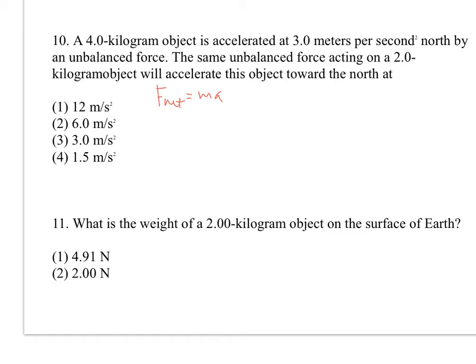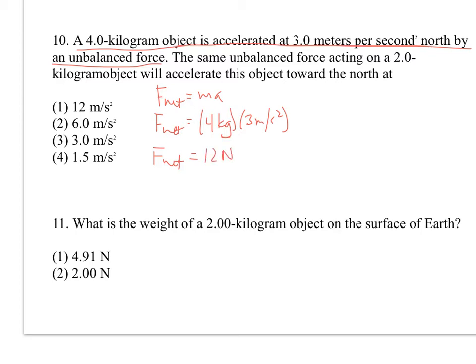We've got to figure out the net force in the first scenario. That's what we're going to do in red. So F net is equal to 4 kilograms times 3 meters per second squared. 4 times 3 gets you 12 newtons.